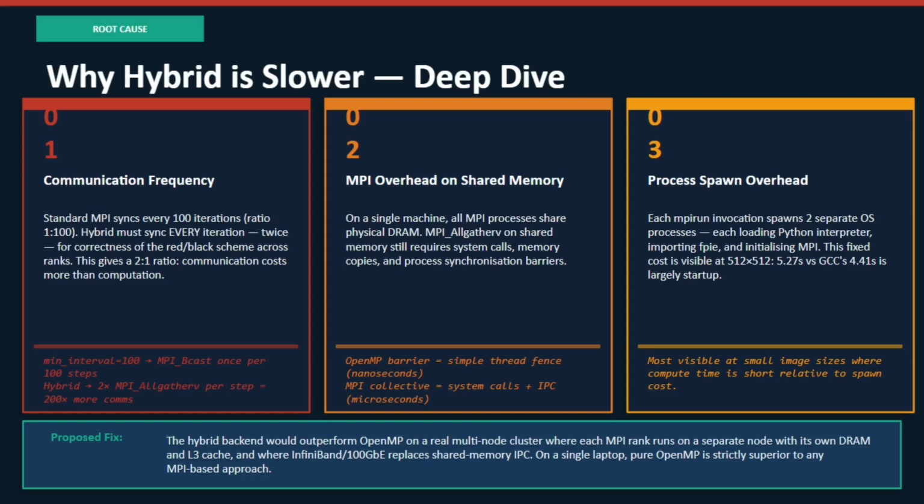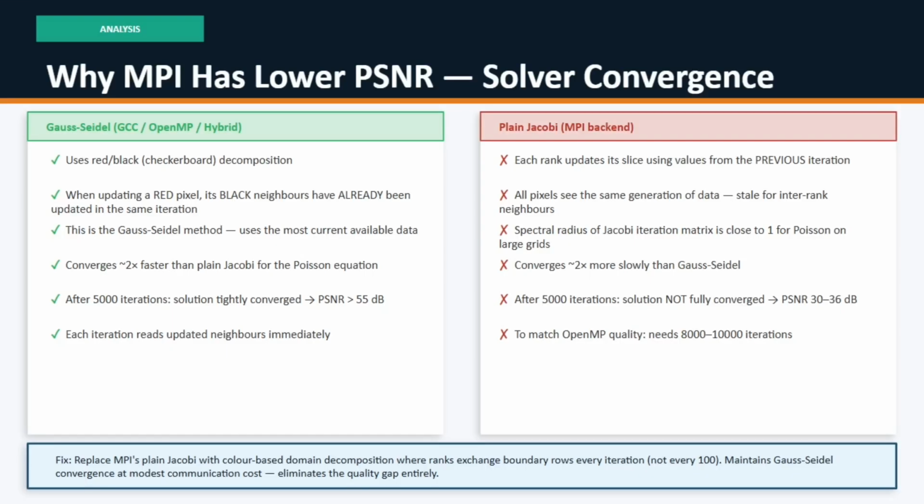So a small image size takes approximately 2 seconds. The startup alone is a significant chunk of the time. It would work well on a real cluster where each MPI rank would be on a different physical machine with its own dedicated RAM. Then the communication overhead would be justified because we would be genuinely communicating work.